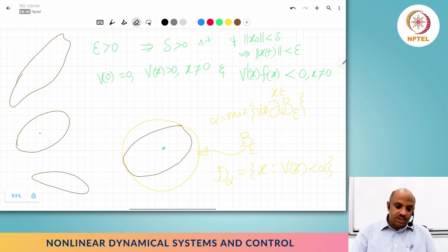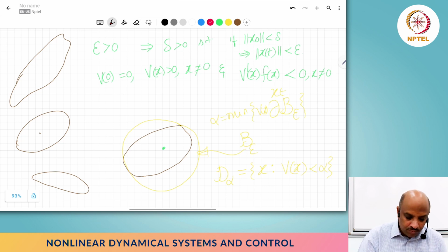But what's nice about this D alpha is, if I start within D alpha, so v of x is less than alpha, some number between 0 and alpha, what do we know? We know that v of x of t is decreasing.